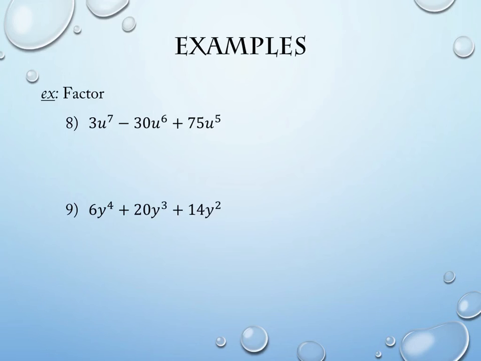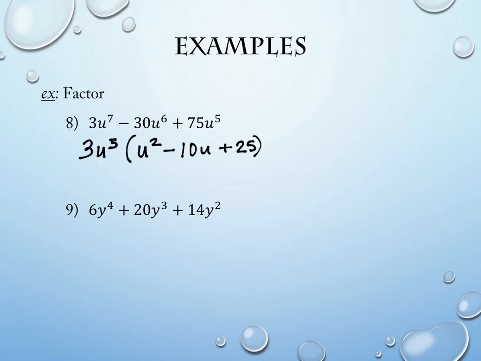What is their greatest common factor? 3 and u to the 5th. Is everybody good with that? Yeah. 3 and a u to the 5th. So if I take 3u to the 5th out of u to the 7th, what do I have? U squared. Ooh, that's so much nicer. Minus what? 10u, plus 25.